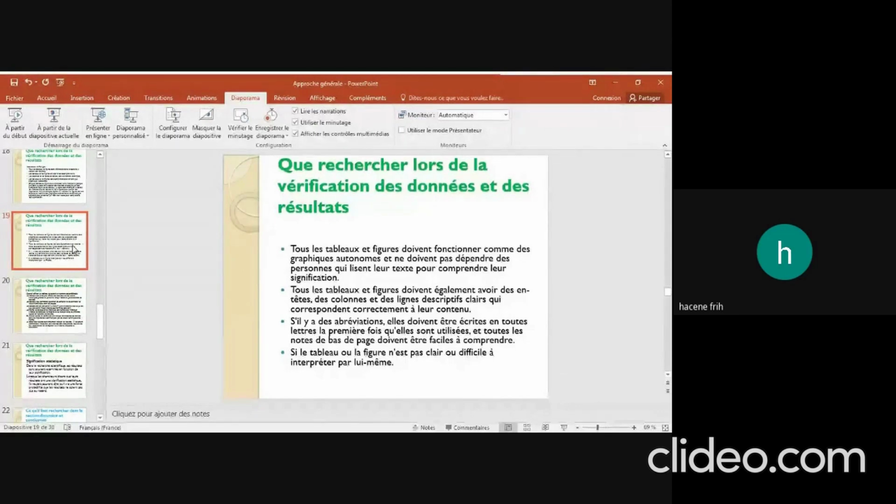Tables and figures should function as standalone graphics and should not depend on people reading the text to understand their meaning. They should also have clear descriptive headings, columns, and rows that correctly correspond to their content.